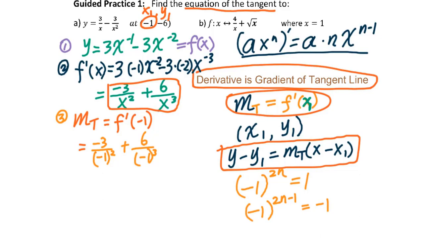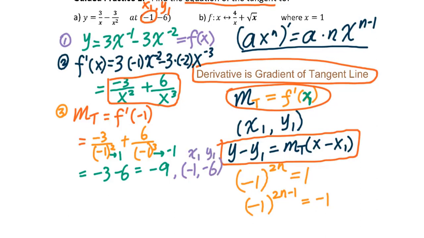Therefore, negative 3 over 1. Negative 1 to the third power, that's negative 1. So you have negative 3 minus 6 equals negative 9. Got the slope, and also we know that it's negative 1, negative 6. That's your x1, y1.